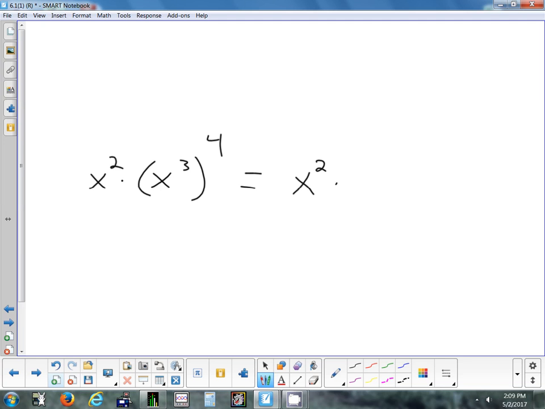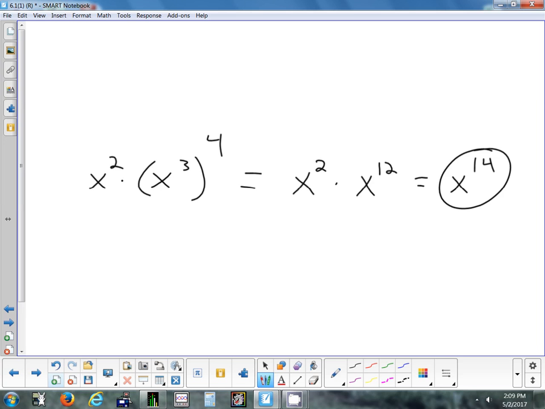What's x cubed to the 4th? That's the rule we just learned. Now, what do we do here? This is the first rule we learned. Now you add the 2 and the 12. So this is a problem that had both rules in it. Any questions on that?